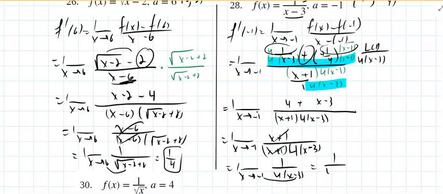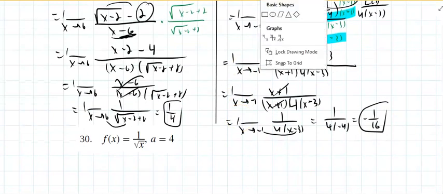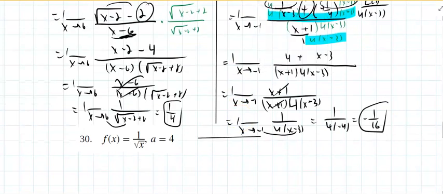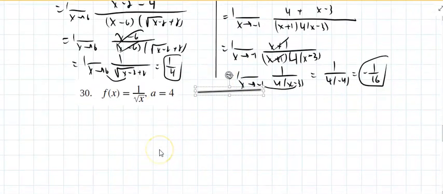I'll get 1 over 4 times -4, so -1/16 would be the actual answer. And I'll do one more just for extra practice.